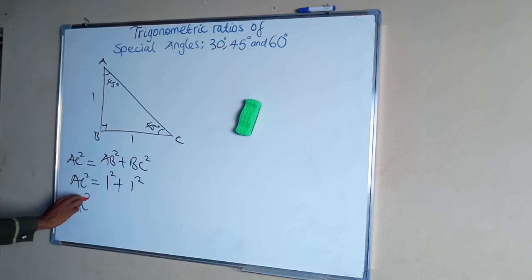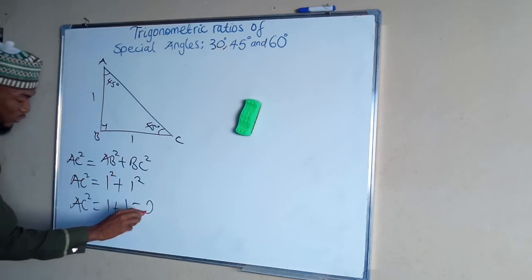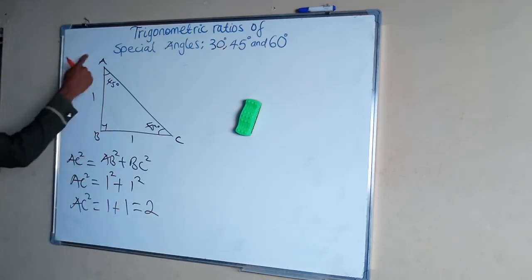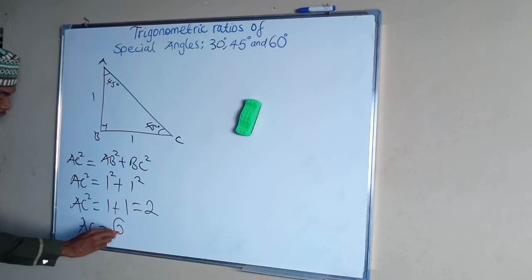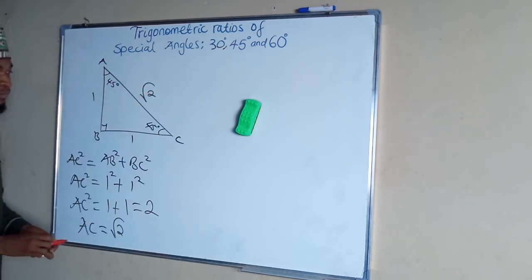So AC squared will be 1 plus 1, which equals 2. Now to find exactly what value this AC line is, we have to take the square root of each side. So AC will be equal to root 2. So therefore this line is root 2.